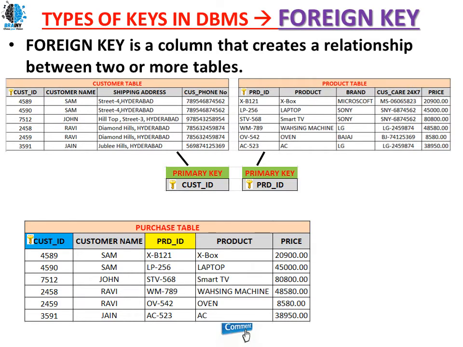With the help of this purchase table, the customer table and product table have a relationship. So product ID in our purchase table is a foreign key. Customer ID in our purchase table is a primary key and product ID is a foreign key. Product ID is a foreign key. Clear with this foreign key?